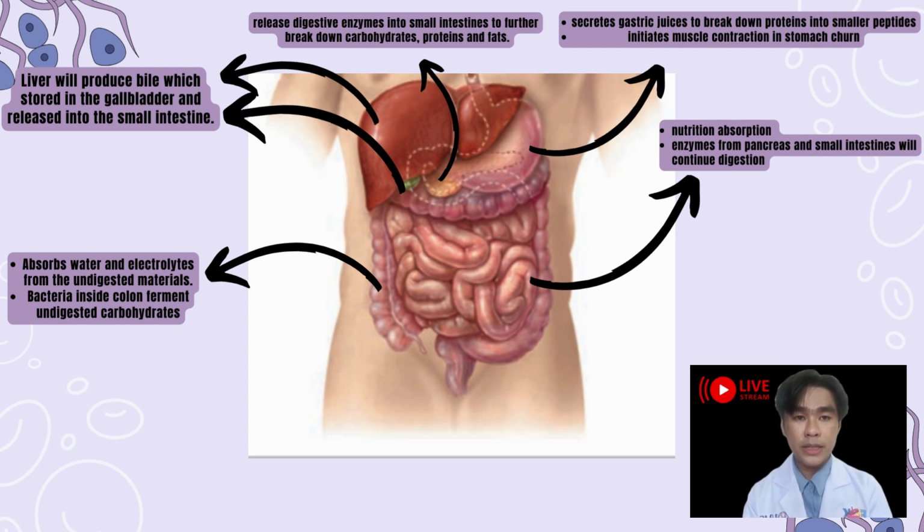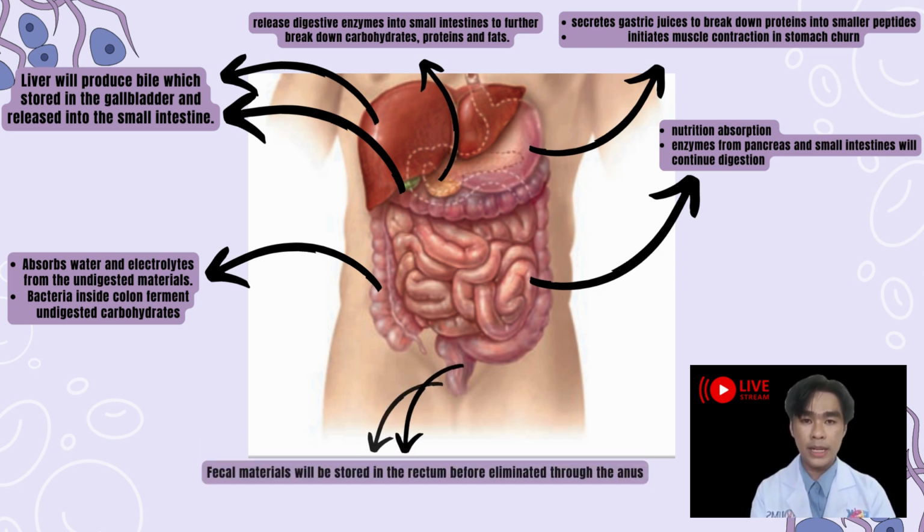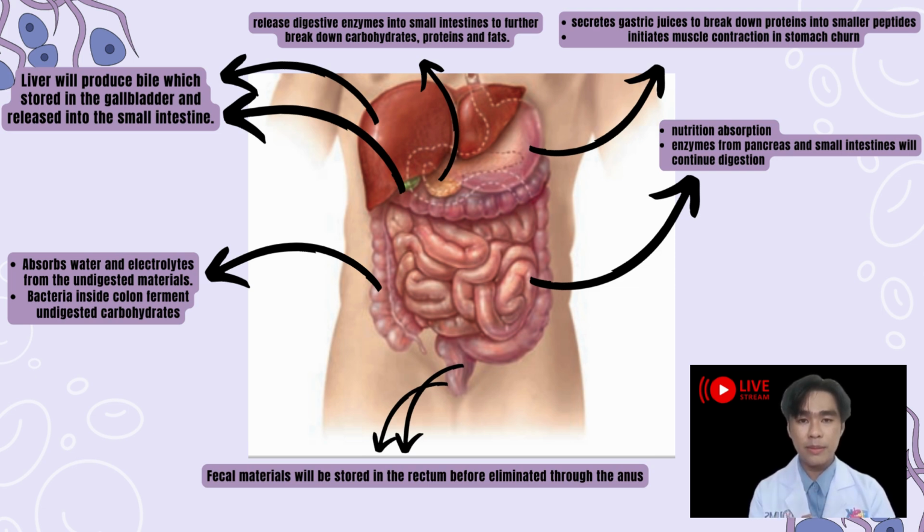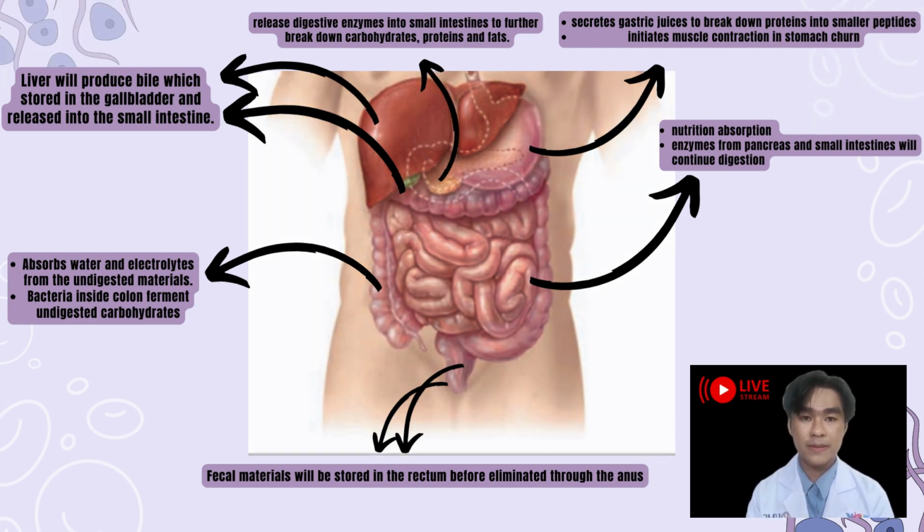There are also bacteria inside the large intestine that will ferment the undigested materials. The last organs of the digestive system are the rectum and anus. Fecal material will be stored in the rectum and later released through the anus.